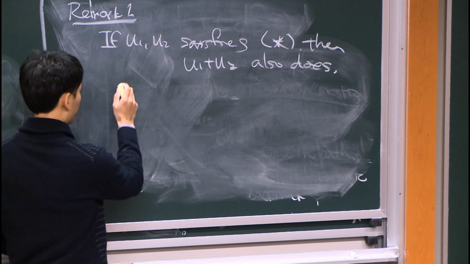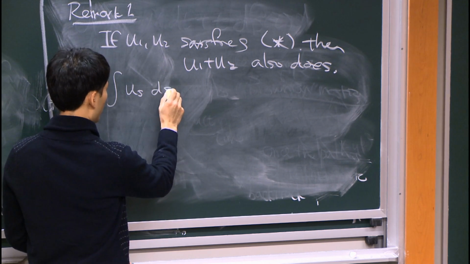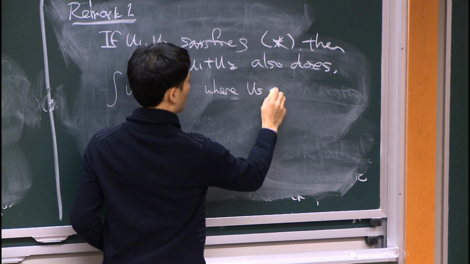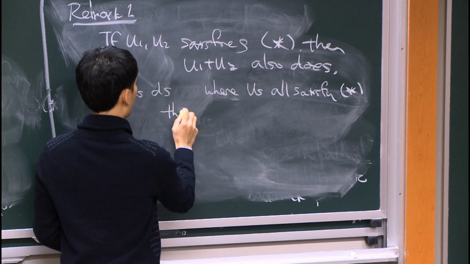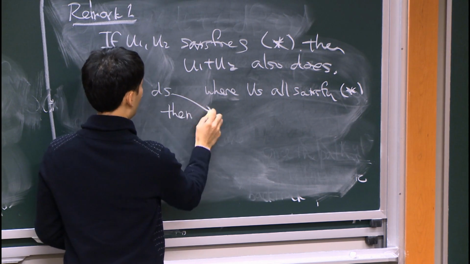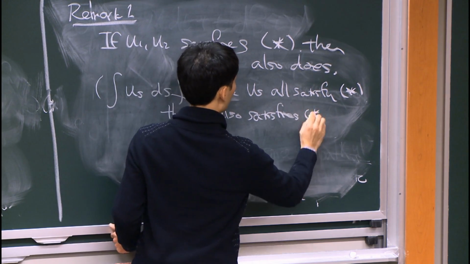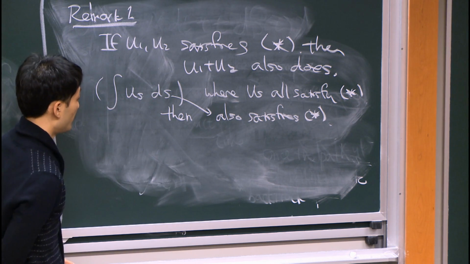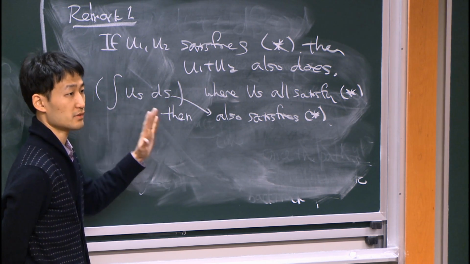More generally, that means if you integrate a family of functions u_s ds, where the u_s all satisfy the equation (star), then this also satisfies star, as long as you use reasonable functions. I'll just assume that we can switch the order of integration and differentiation. So it's the same thing: instead of a summation, I'm taking an integral of a lot of solutions.